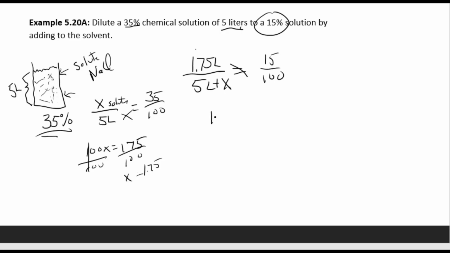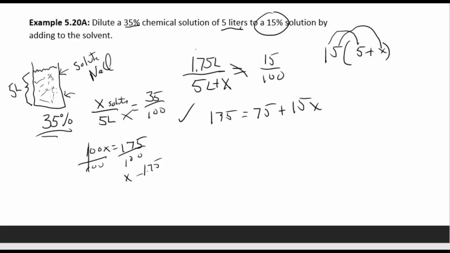1.75 times 100 is 175. Now watch this. This is 15 times 5 plus X. I'm going to write it over here. It's the distributive property from Algebra 1. 15 times 5 is 75, plus 15 times X. So it's like an 8th grade algebra problem now. What do I do first here? Well, if you guess subtract 75, you would be right.